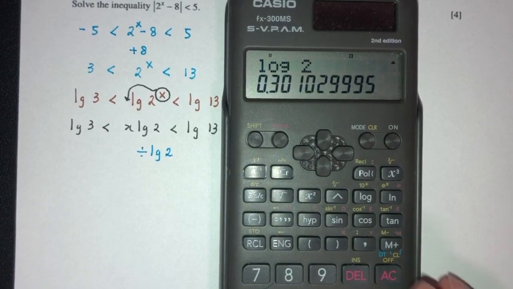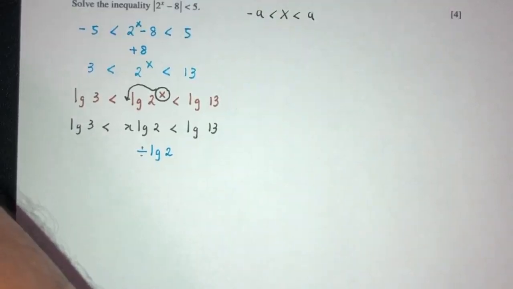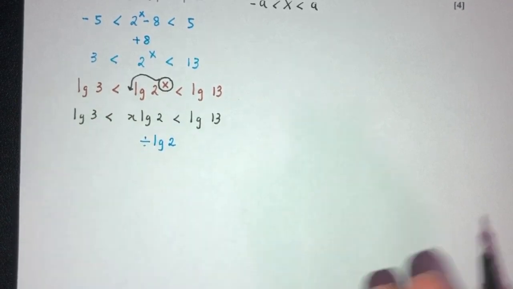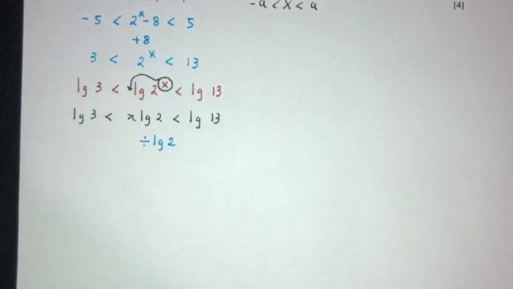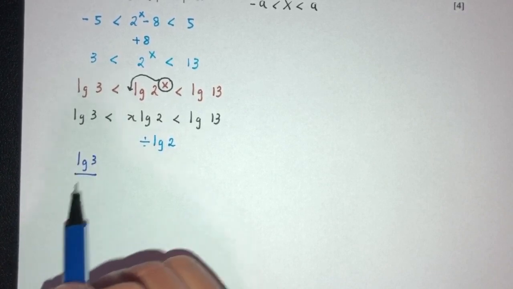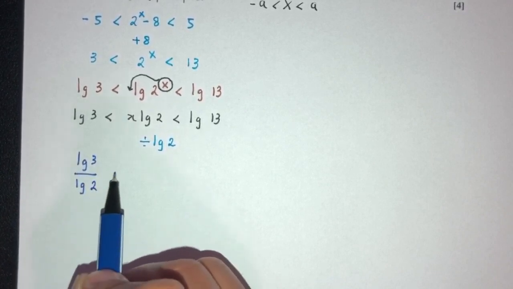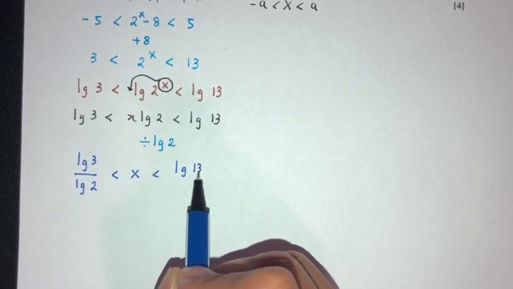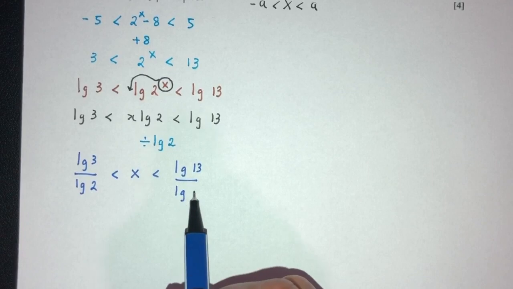No, good. If it was negative, the sign would change to the other direction. In this case it's not negative, so it will be just fine. So you will have log of 3 over log of 2, x, log of 13 over log of 2.